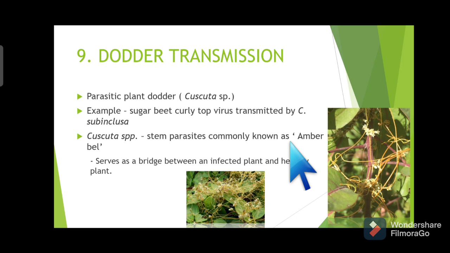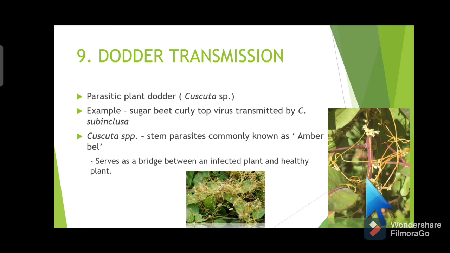This virus is transmitted by the dodder plant Cuscuta subinclusa. This is the picture of the dodder plant, Cuscuta subinclusa species. This plant is a stem parasite, and it is also commonly known as the hellbind. It serves as a bridge between an infected plant and a healthy plant.